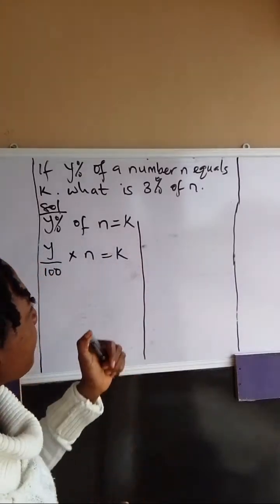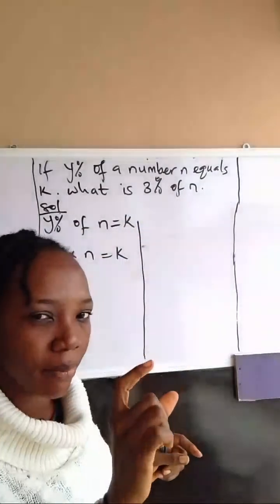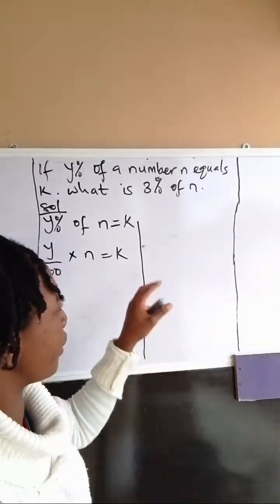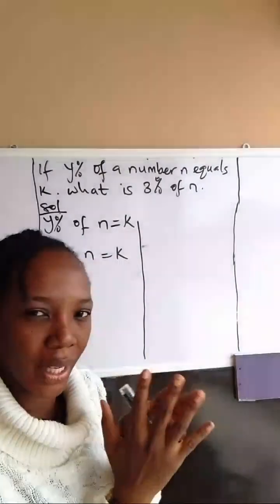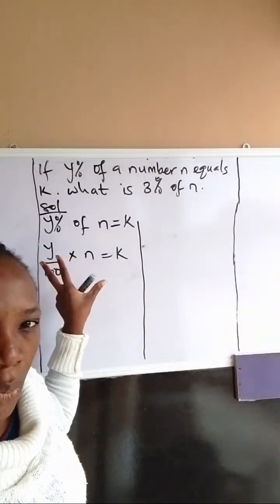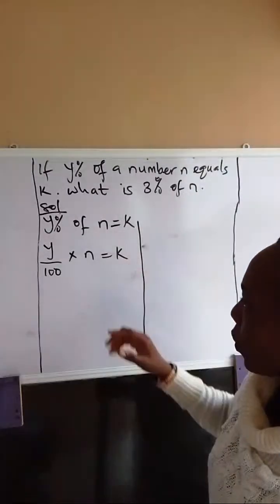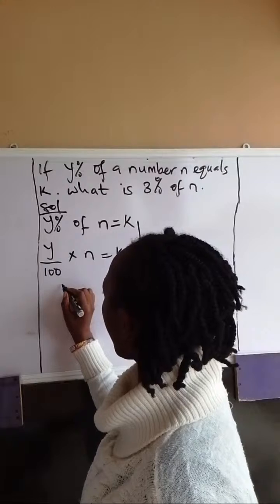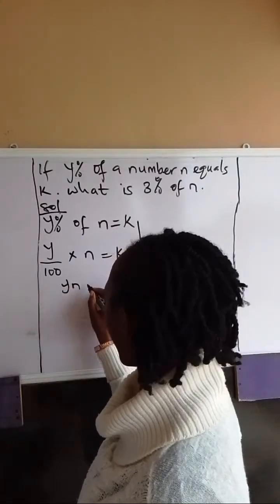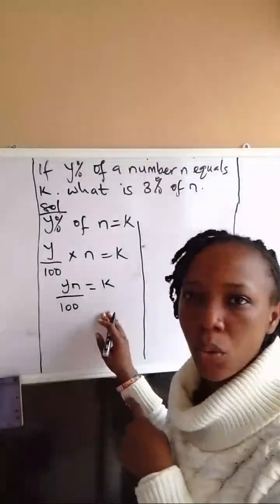So look, our major focus in this question is n. We're going to try to make n the subject of the formula in this equation. So how do we do that? First of all, we multiply. We have yn over 100 equal to k.